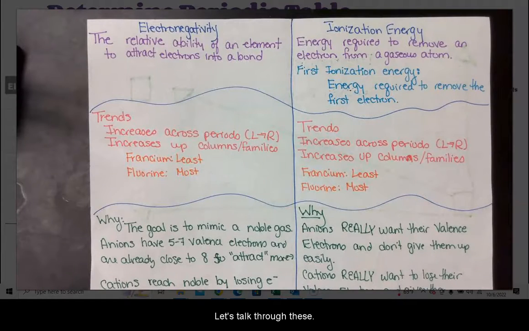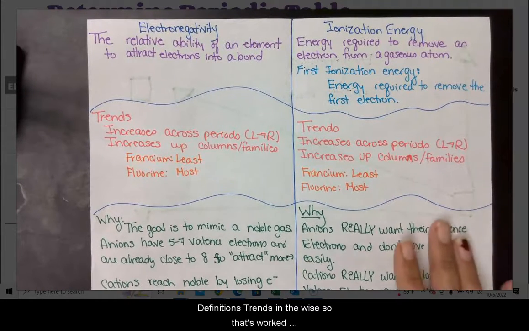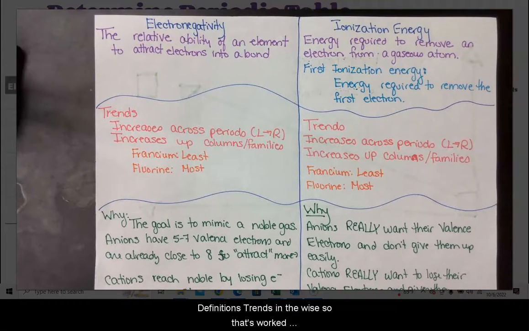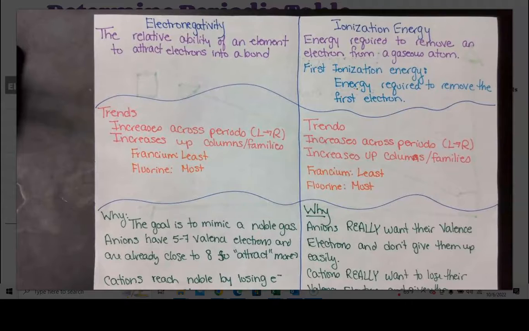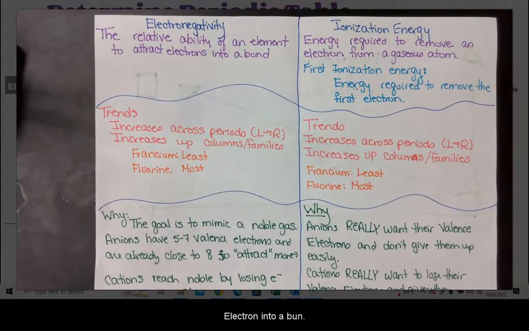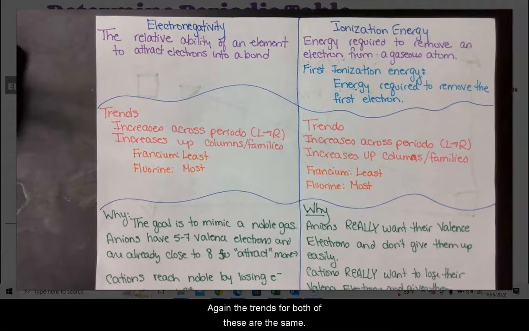Let's talk through these definitions, trends, and the whys. So let's work through electronegativity first. Electronegativity is the relative ability of an element to attract electrons into a bond. Again, the trends for both of these are the same.